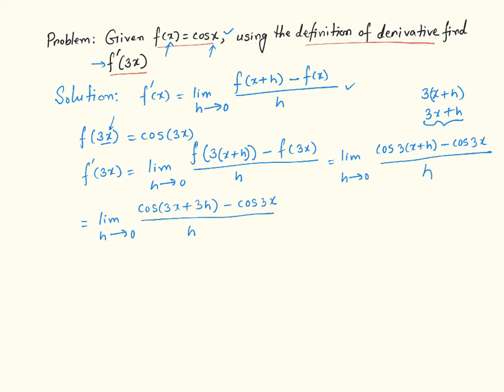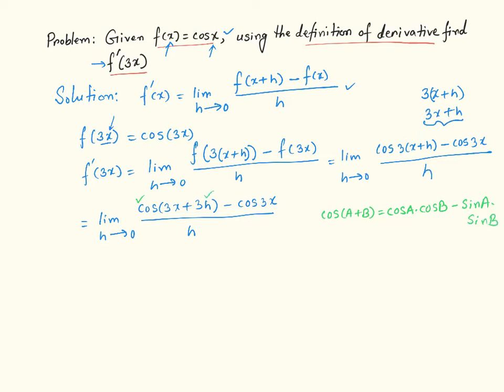Now I am going to simplify this using the cosine formula. Remember, cosine of a plus b is equal to cosine of a times cosine of b minus sine of a times sine of b. I'm going to use this formula to simplify this.